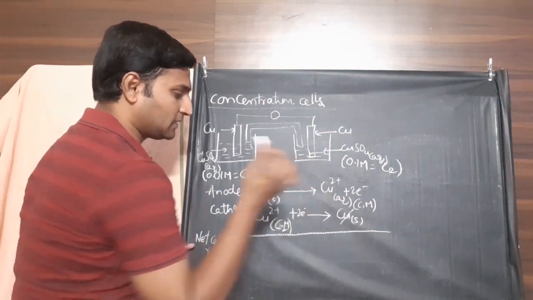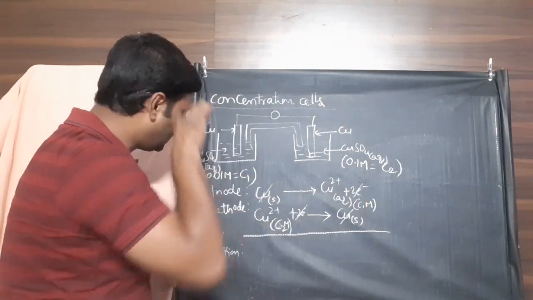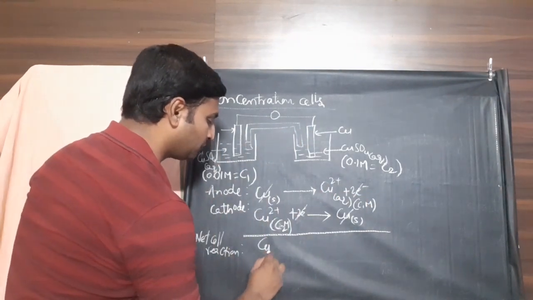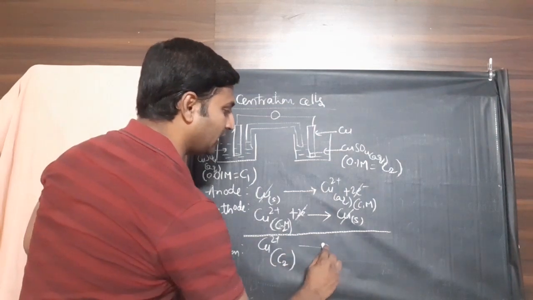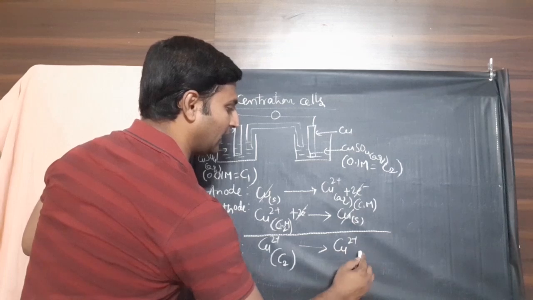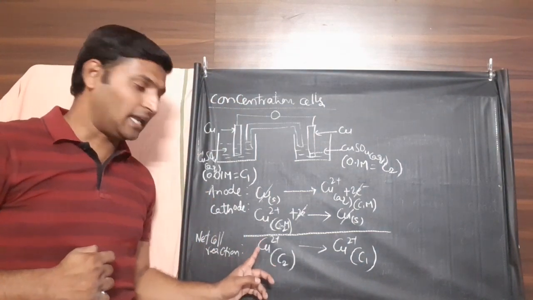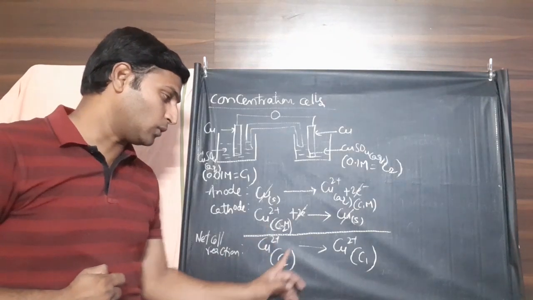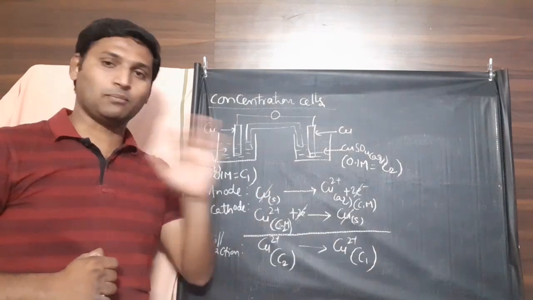Copper solid gets cancelled. The 2 electrons on both sides get cancelled. As a result, you are left with copper cations with C2 concentration giving rise to copper cations with C1 concentration. That means the net cell reaction will be copper cations with C2 concentration becoming copper cations with C1 concentration, C1 molar.